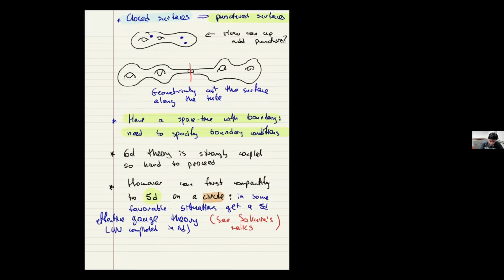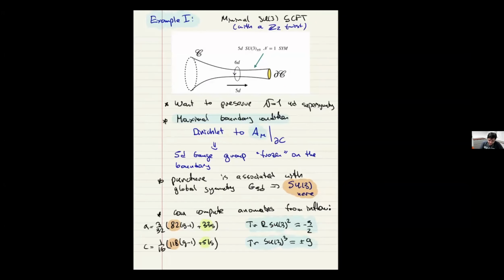Okay. So what is the story for our two examples in this respect? If you take this minimal SU3 SCFT, I mentioned that this theory has some Z2 global symmetry. If you twist with that Z2 symmetry, you can show that the effective theory that you find in 5 dimensions is pure SU3 gauge theory with Chern-Simons level 9.